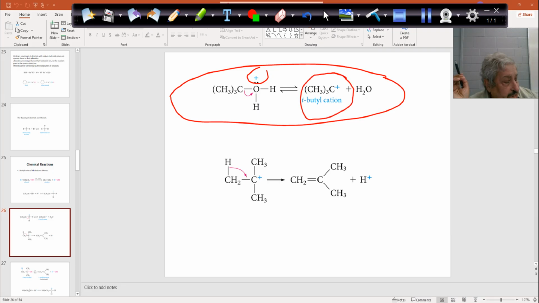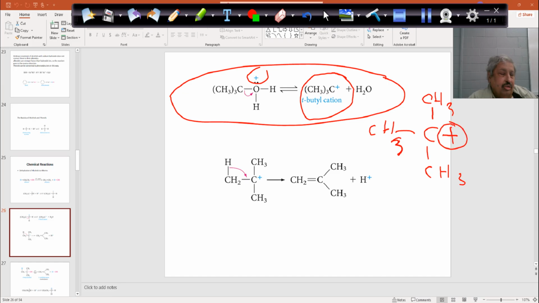This is the tert-butyl carbocation, or cation. It's tert-butyl because it looks like this: three methyl groups, and it's missing its electrons. So this is the tert-butyl carbocation.